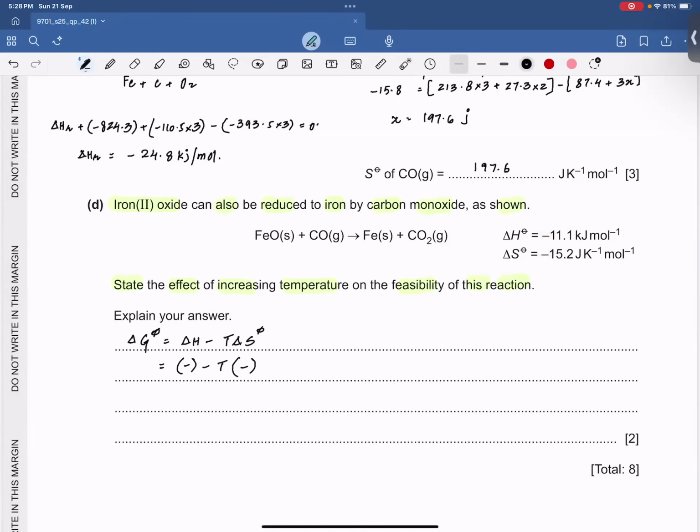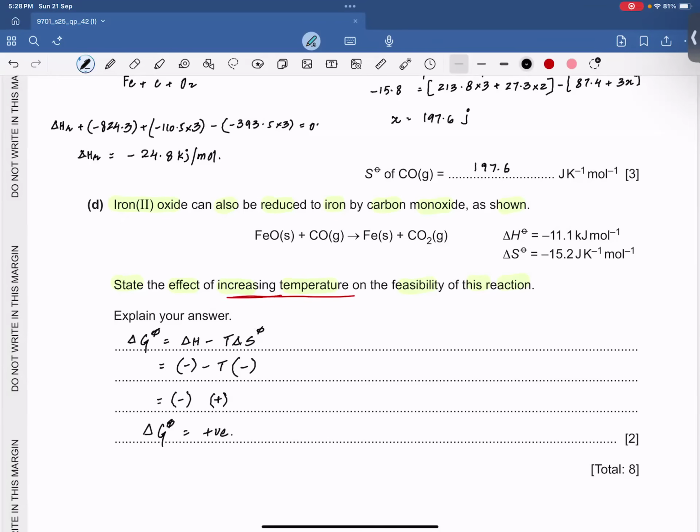So this negative value will remain as it is, and this minus minus becomes plus. All right. So when we increase the temperature, obviously this entire T delta S naught term becomes more positive, and so delta G becomes more positive. Obviously, the reaction is not going to be feasible or spontaneous. So delta G naught is going to be positive at high temperature.